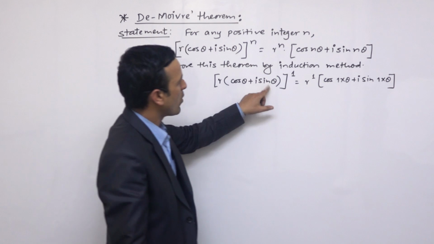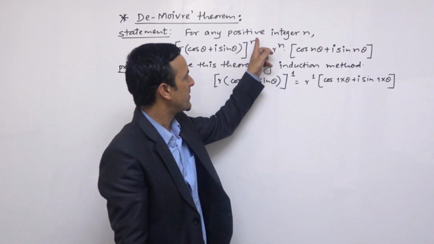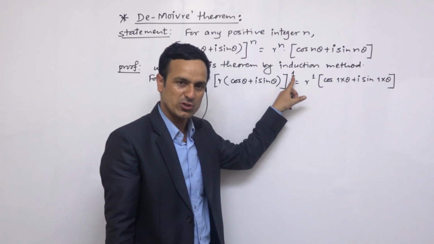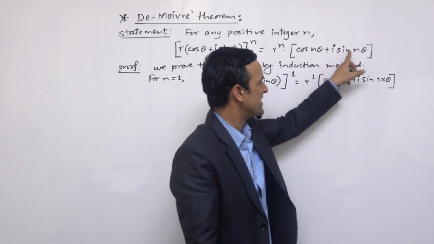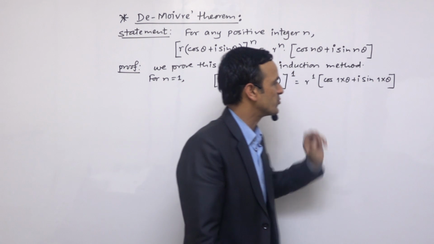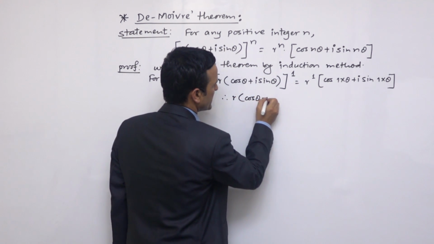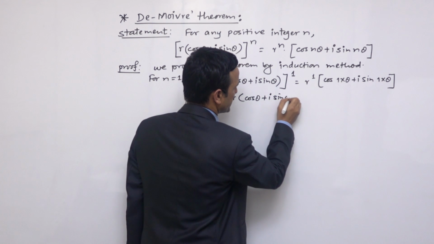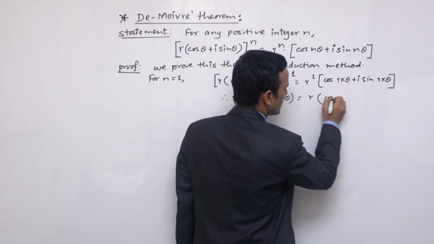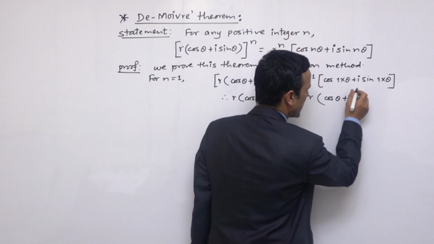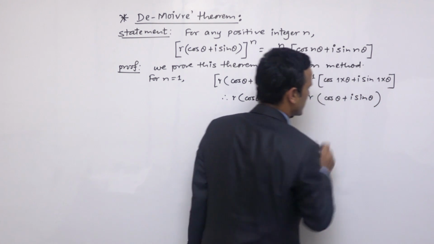जहाँ n छ त्यहाँ 1 राख्दा we get this term r times cos theta plus I sin theta power n, this n converted into 1 and this n also changes to 1. So we get r times cos theta plus I sin theta power 1, it doesn't matter, and r times cos 1 times theta means it is theta and I sin 1 times theta means it is theta.